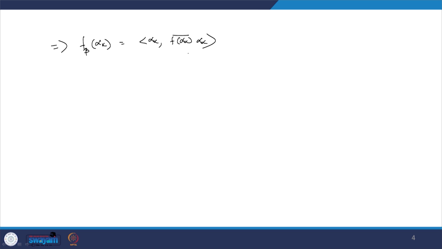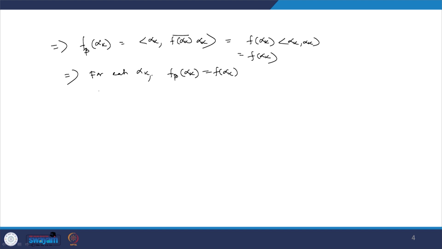So, based on this, a beta of alpha k will be equal to f of alpha k into inner product of alpha k and alpha k, which is equal to 1. So, this implies for each alpha k, a beta of alpha k equal to f of alpha k. So, this implies a beta equal to f.